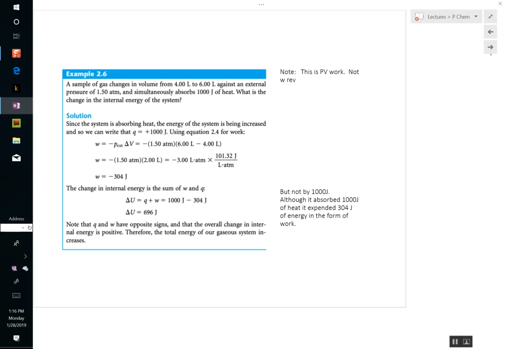The change in internal energy is the sum of the heat and the work. So we have 1,000 joules minus the 304 joules of work that the gas did. And so the change in internal energy is 696 joules.